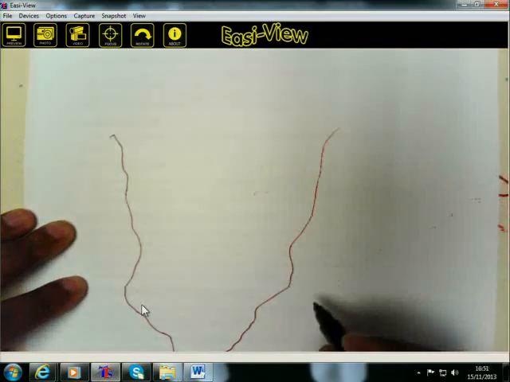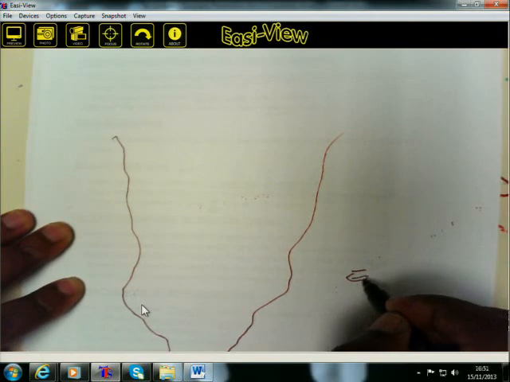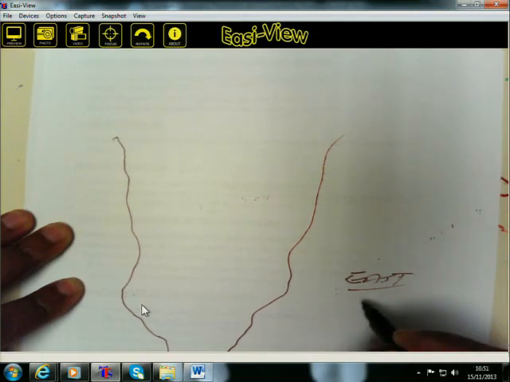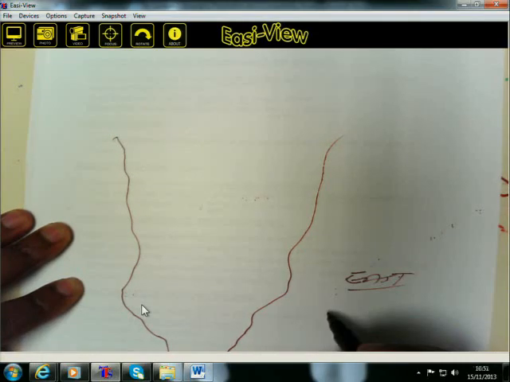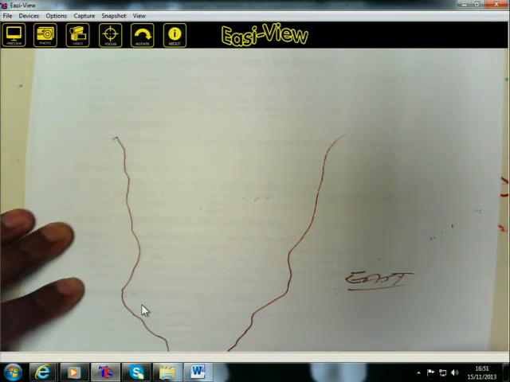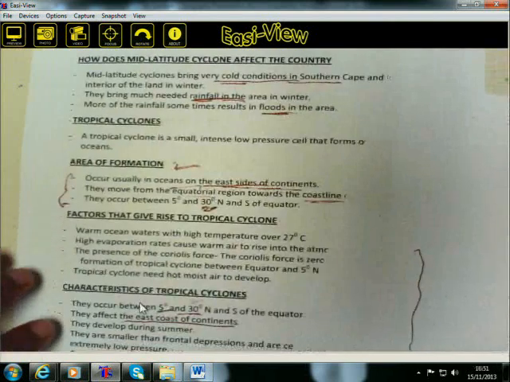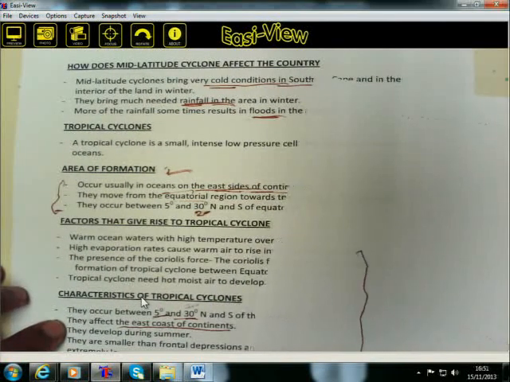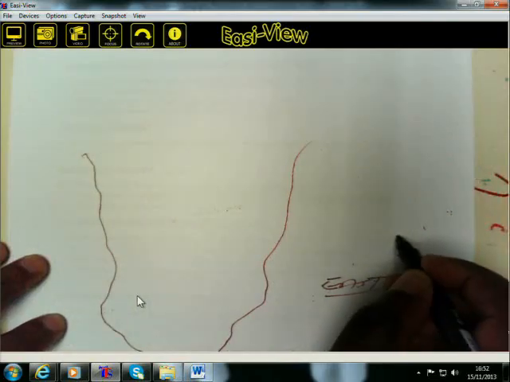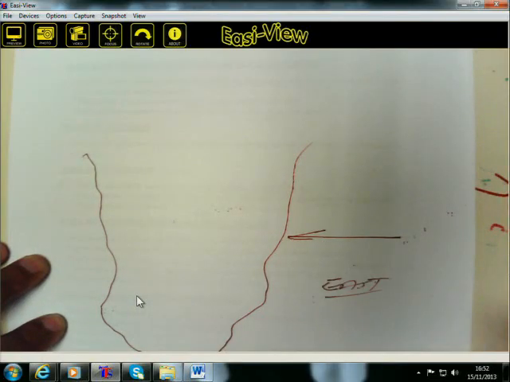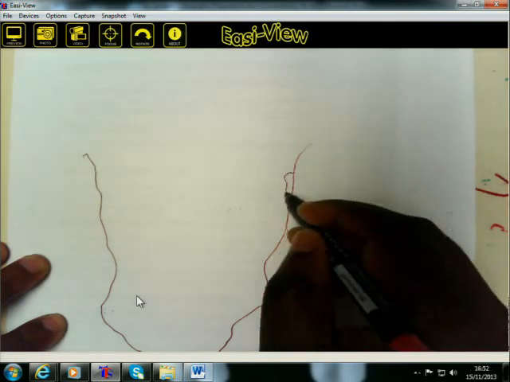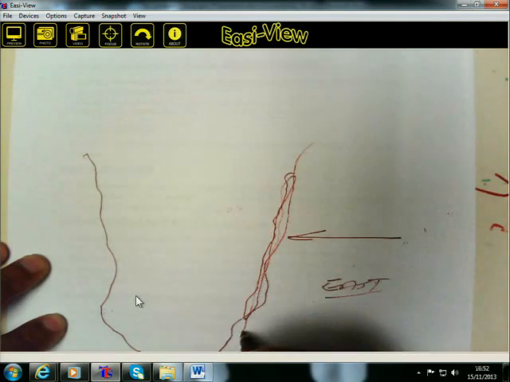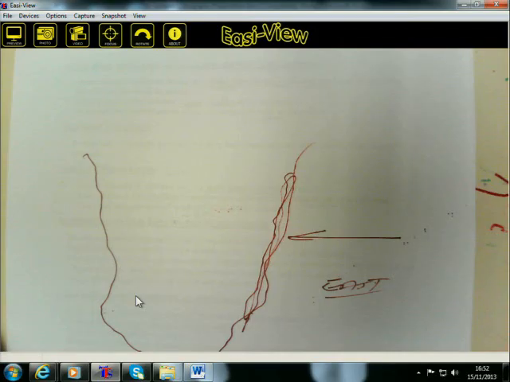For an example, in South Africa, this will be the eastern side of South Africa, of the continent. So we are saying the tropical cyclones will always affect the east coast, meaning it will come from this direction and affect the eastern side of the continent.